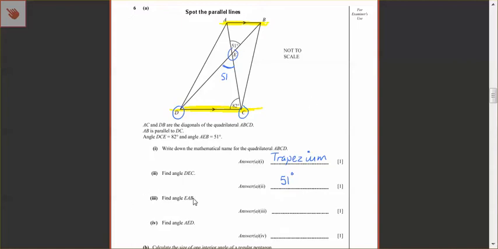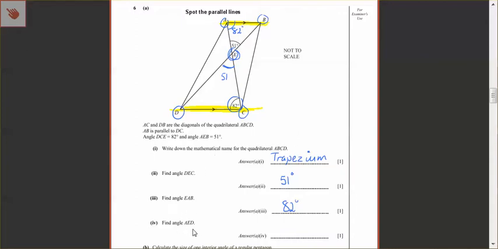Angle EAB, so E to A to B. It's this one. Because of angles in parallel lines, this angle is the same as this one, so it's 82 degrees. If I put that in, it helps me.